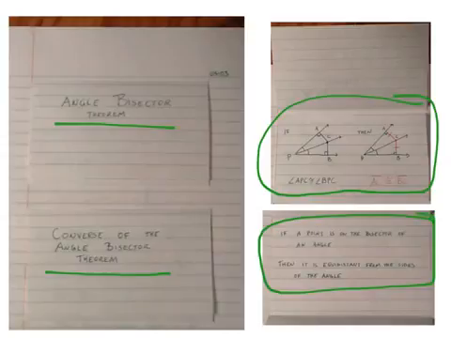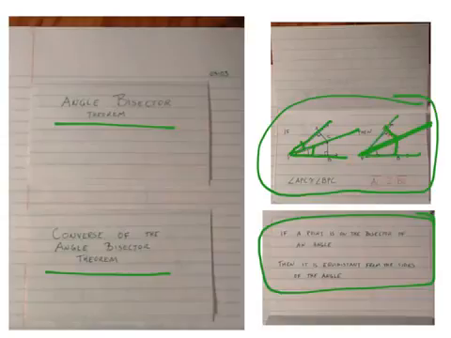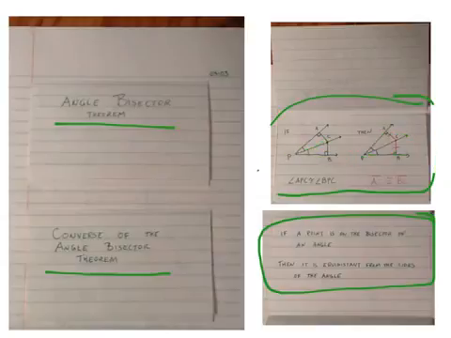What it's saying is if you are given an angle that is bisected, then the point on the bisector, the point on PC, is going to be equidistant to the two rays. Erase that up for you.